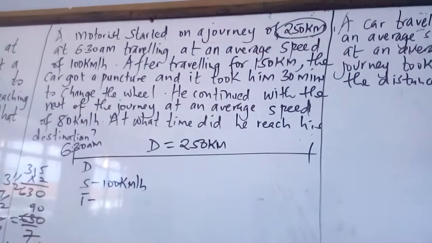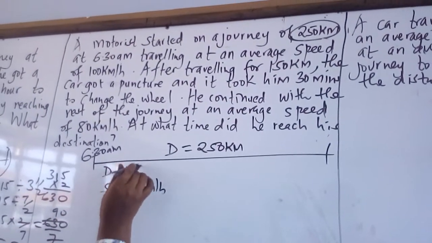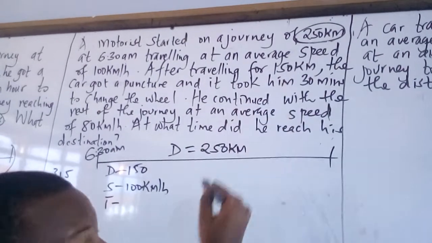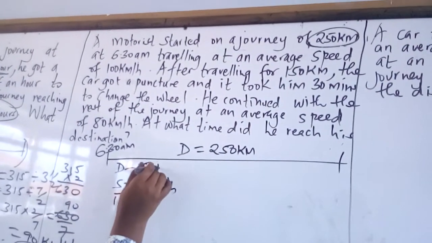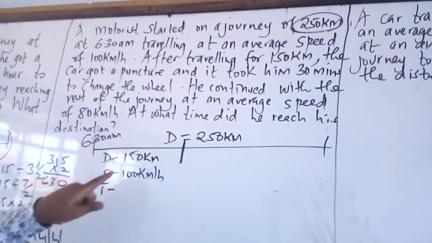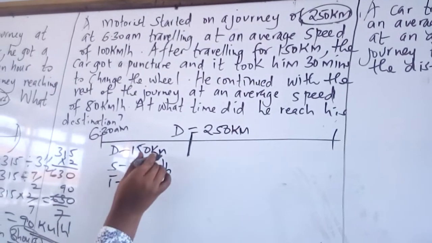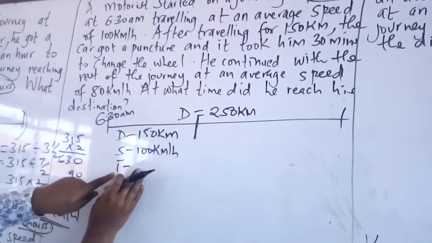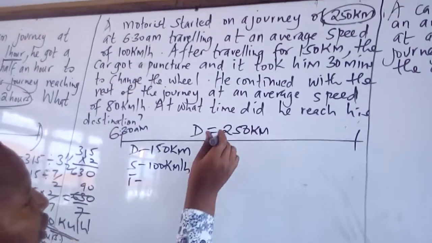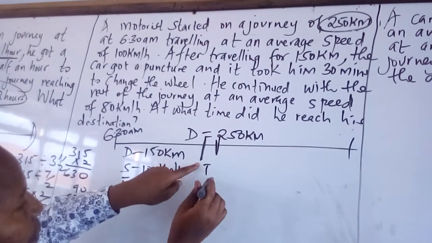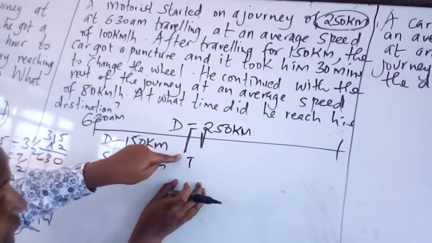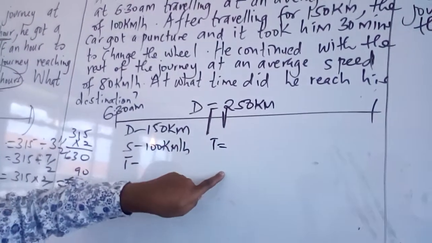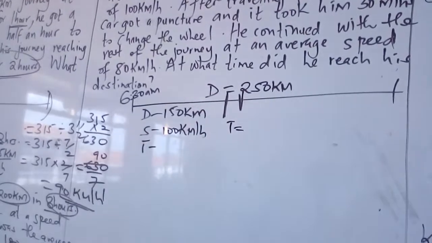After traveling for 150 kilometers, so the first part of the journey is 150 kilometers, the speed is 100. So what we don't know at that point is time. Then it got a puncture. So let's say this is the point that got a puncture. This is resting time. So we only have time, no distance, there is no speed.